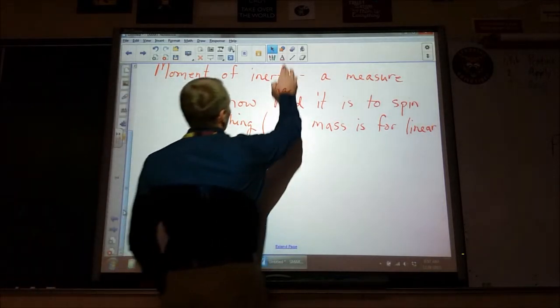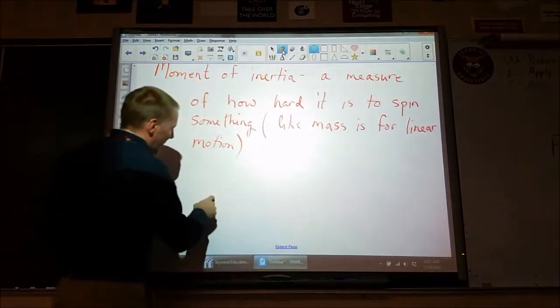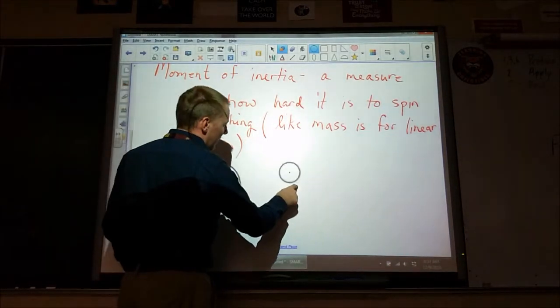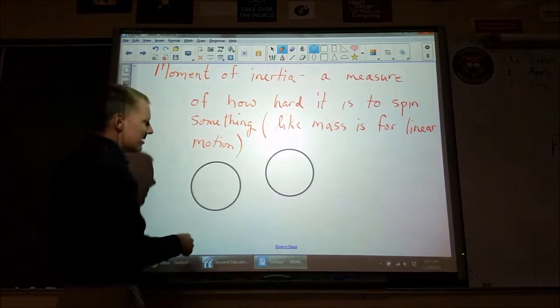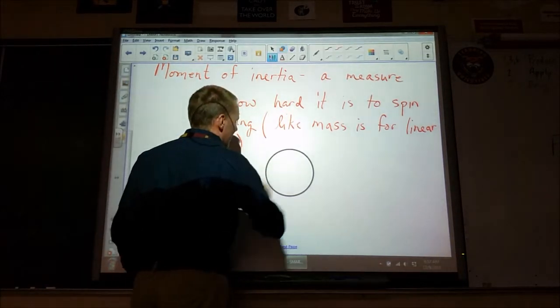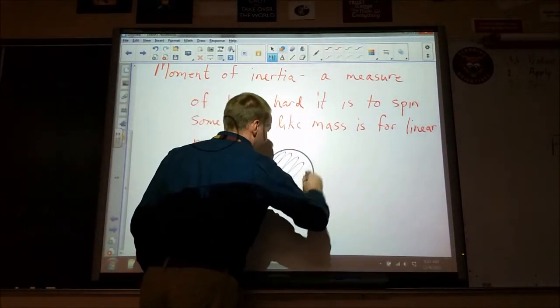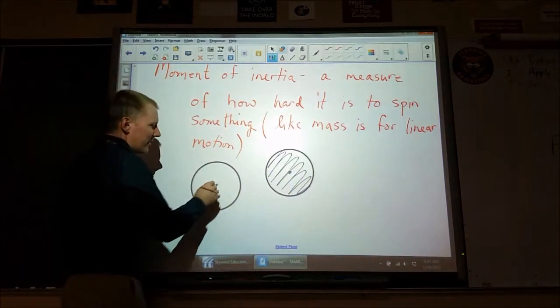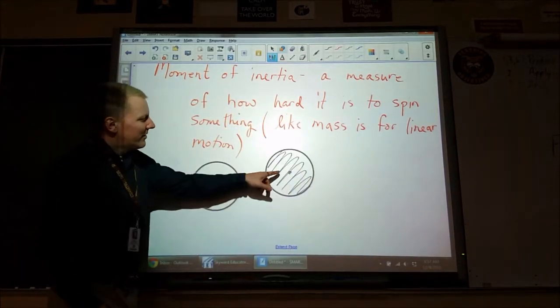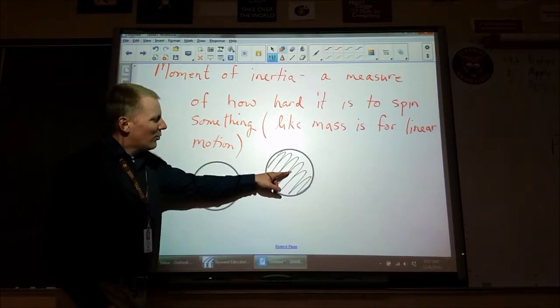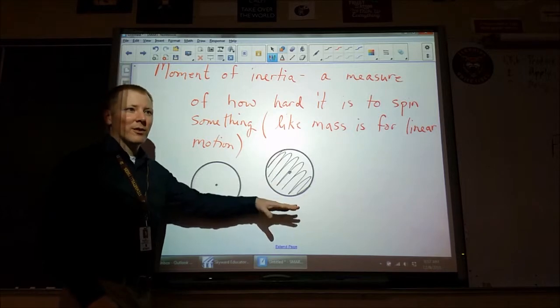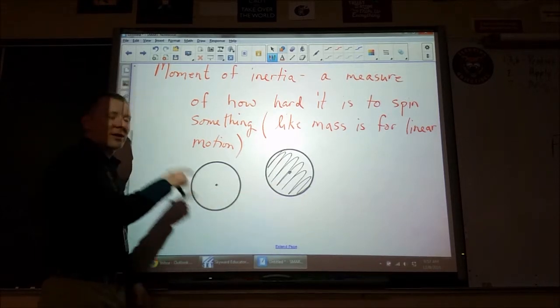And the reason for that is if we've got a ring here, and let's call it a same size disk, they both revolve about the same center in our experiment. But this one's got a lot more mass towards the center because it's uniformly distributed. This one's all out at the ring.